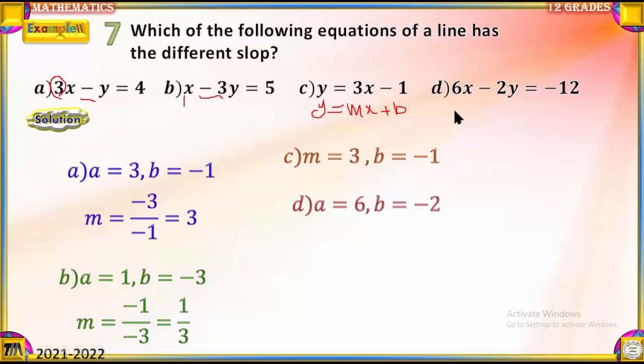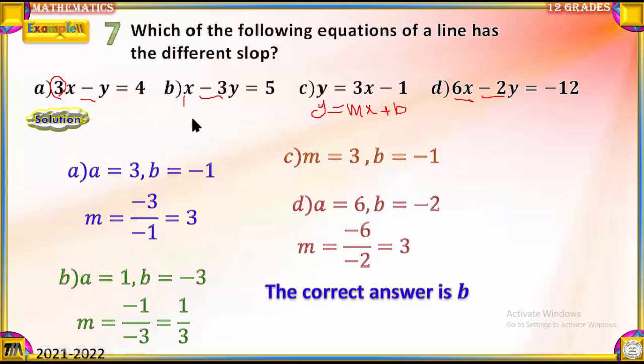In D, you can see that a is 6 and b is minus 2. Then m is equal to minus 6 over minus 2, which equals 3. In A the slope is 3, in C it is 3, in D it is 3, but in B it is 1 over 3, so the different slope is B. That means B is the correct answer.